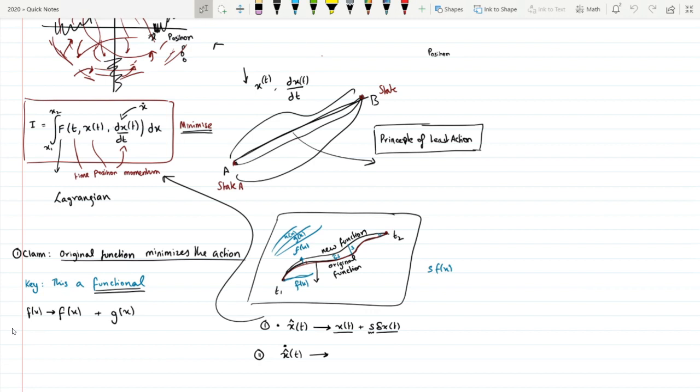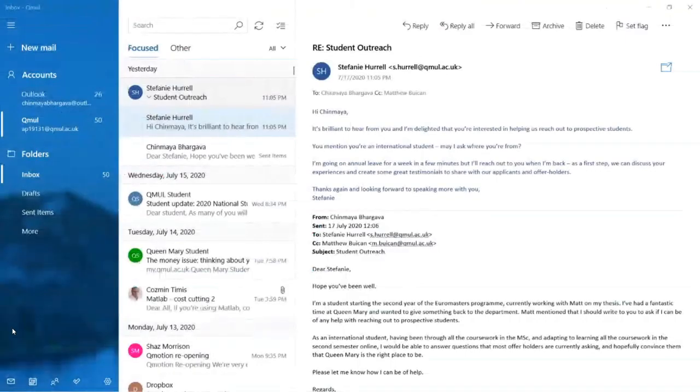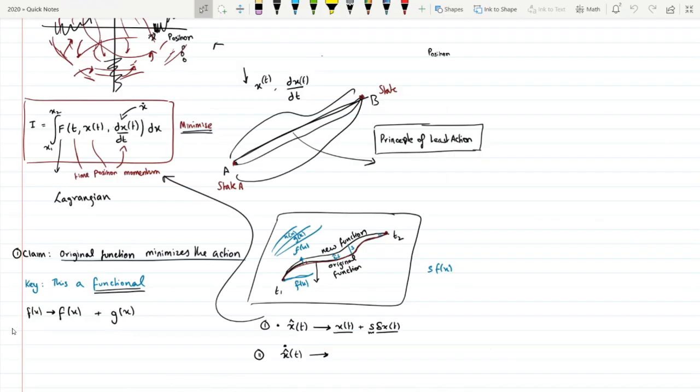I don't mind right now. dx(t) by dt, okay. Which I'm going to write x dot. Plus s times the double dot of delta s(t). Perfect. Is everyone clear with this step?